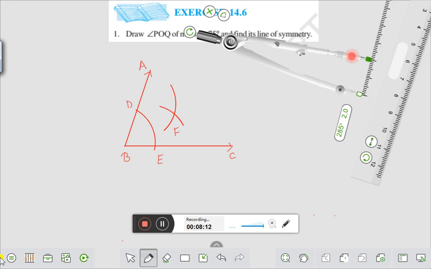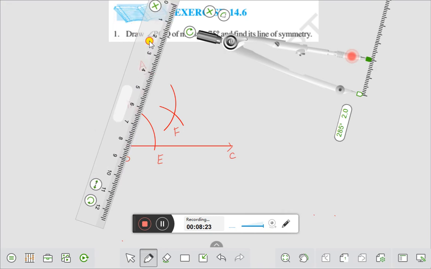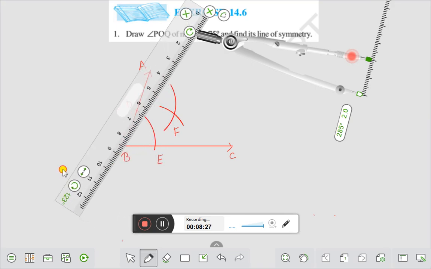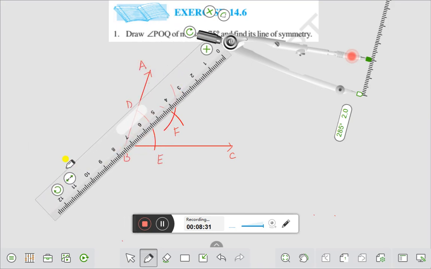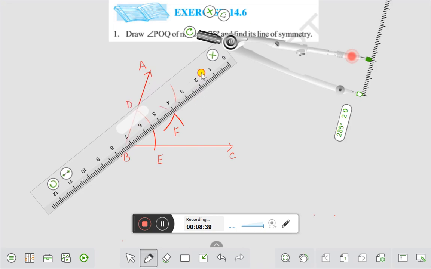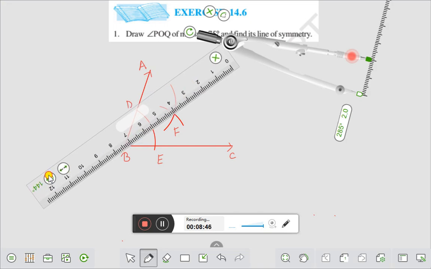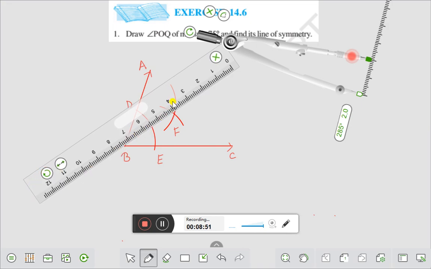Now if we draw a line here with the help of scale, take the scale here and draw a line, right?